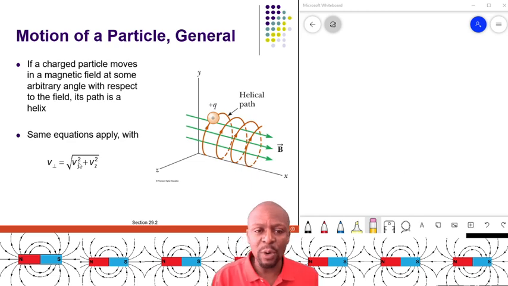Now, from that equation, because this is in the y-z plane, you substitute the velocity with the perpendicular velocity, which is nothing else but the square root of vy squared plus vz squared. When you are standing on the x-axis, you just see the circles.